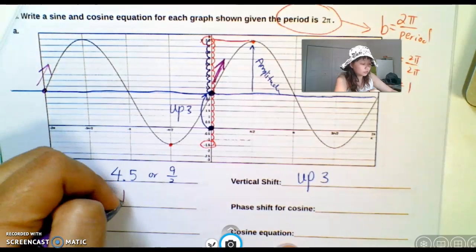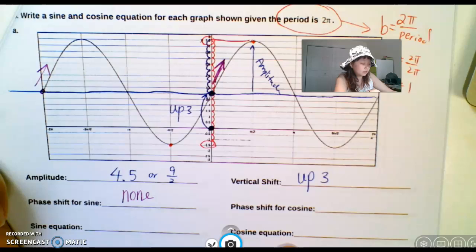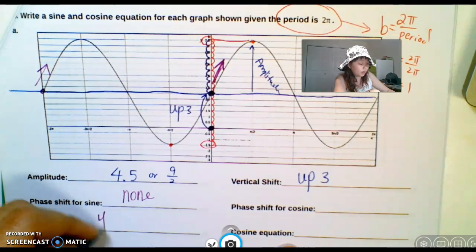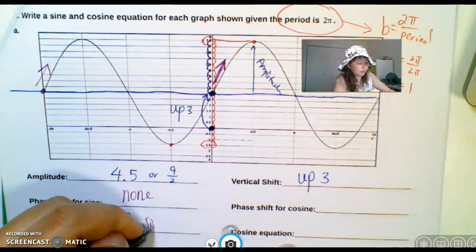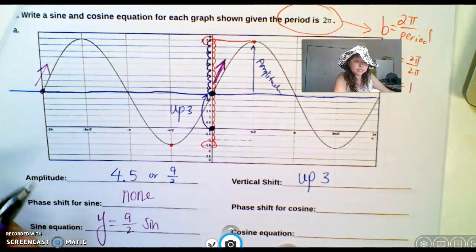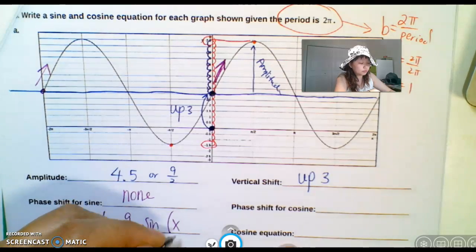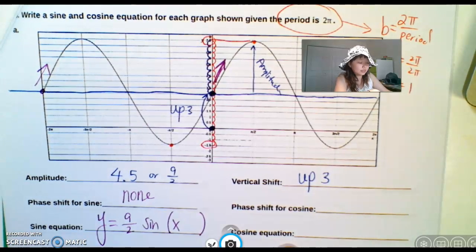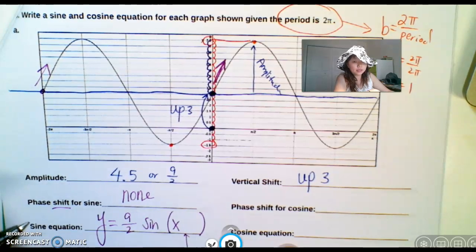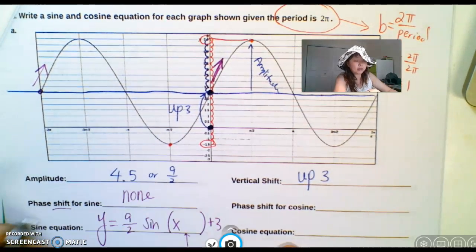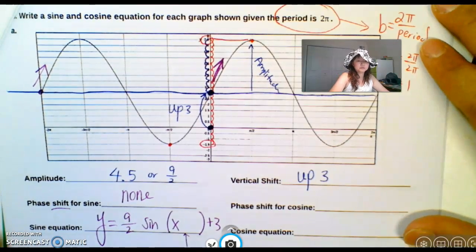So there was no phase shift. The equation would be y equals amplitude 9/2 sine. Because b is 1, you don't need that extra parentheses. Phase shift left to right, none. And then it went up 3. So that would be my sine equation.